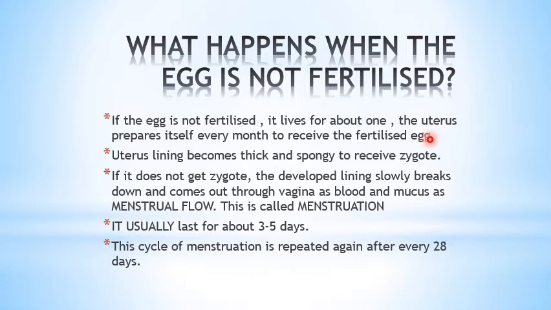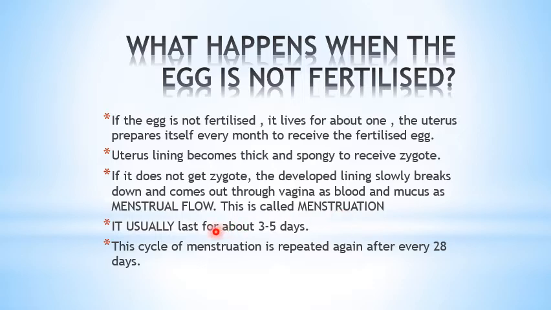How is the uterus prepared and what changes take place? The uterus lining becomes thick and spongy to receive the zygote. If it does not get the zygote, the developed lining slowly breaks down and comes out through the vagina as blood and mucus as menstrual flow, and this is called menstruation.